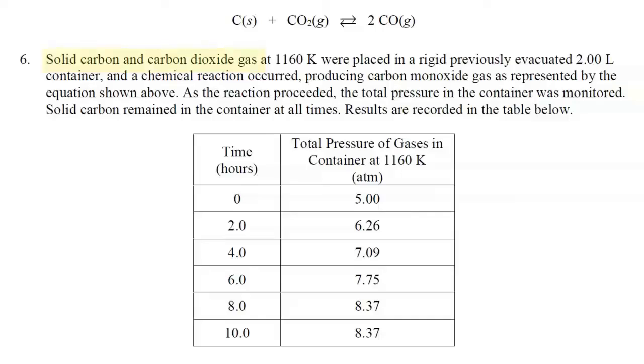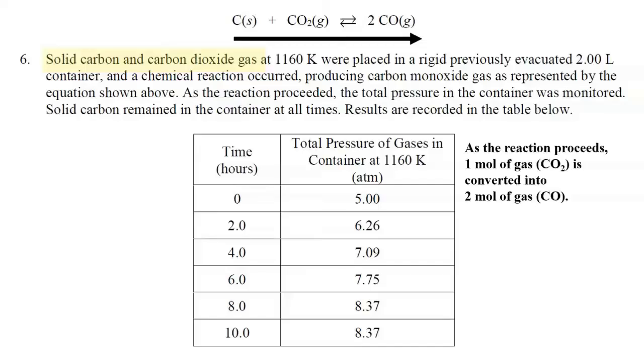We have solid carbon and carbon dioxide gas at time 0, but there's no carbon monoxide yet at time 0. So the reaction will proceed from left to right, from reactants to products, in order to achieve equilibrium.